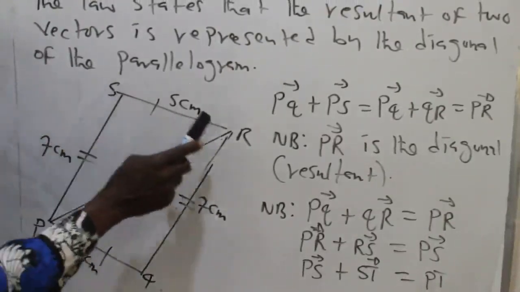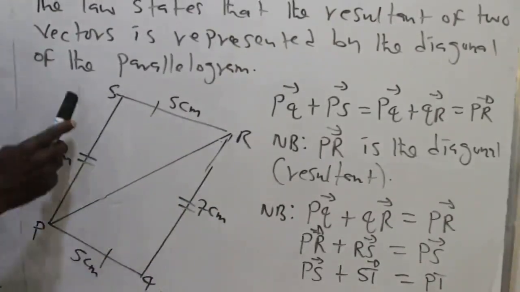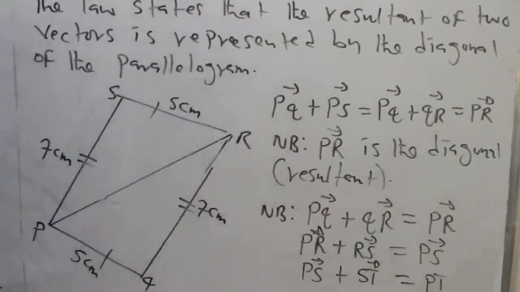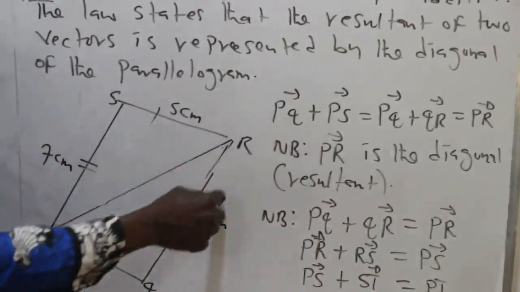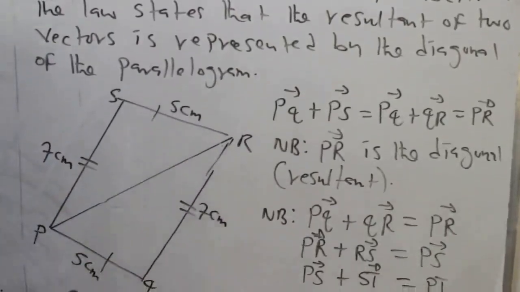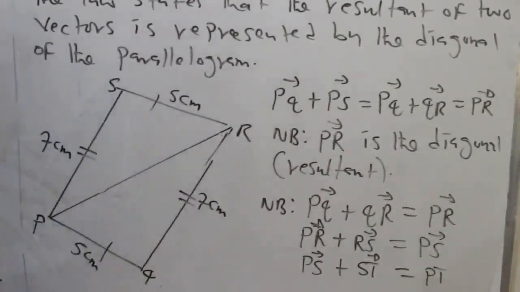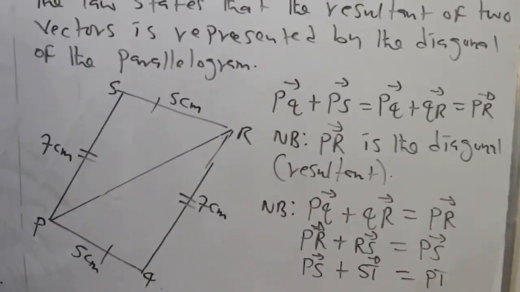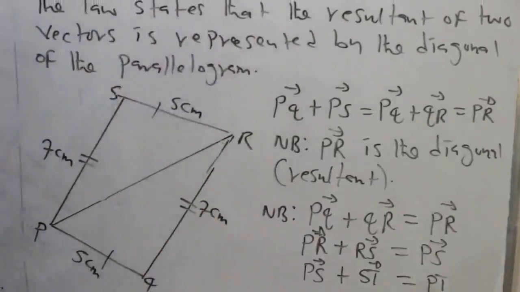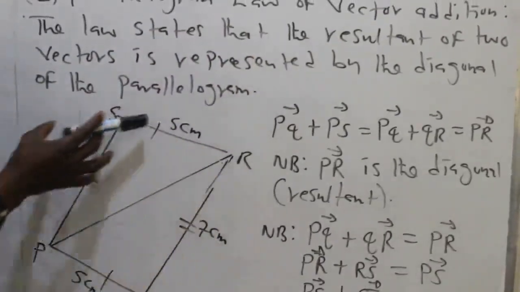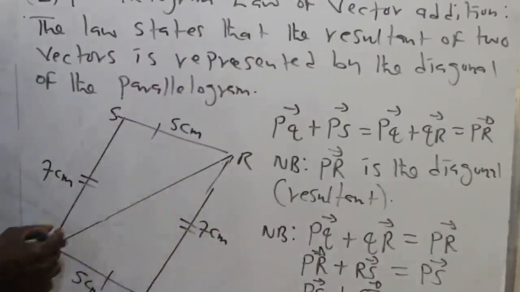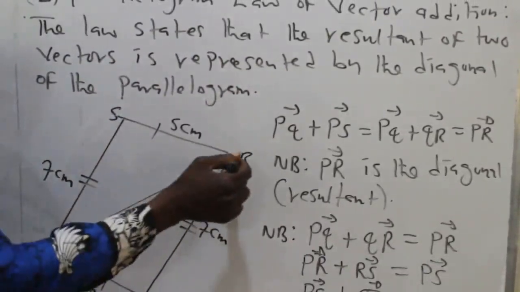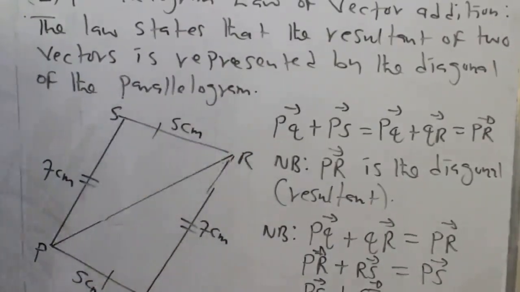PQ is parallel to SR. PQ is equal to SR. Now, if this is 7 centimeters, this is 7 centimeters. If this is 5 centimeters, this is 5 centimeters, based on the properties of a parallelogram. But what the parallelogram law is saying is that the resultant of this parallelogram is given by this diagonal PR. That is just what the law is saying.